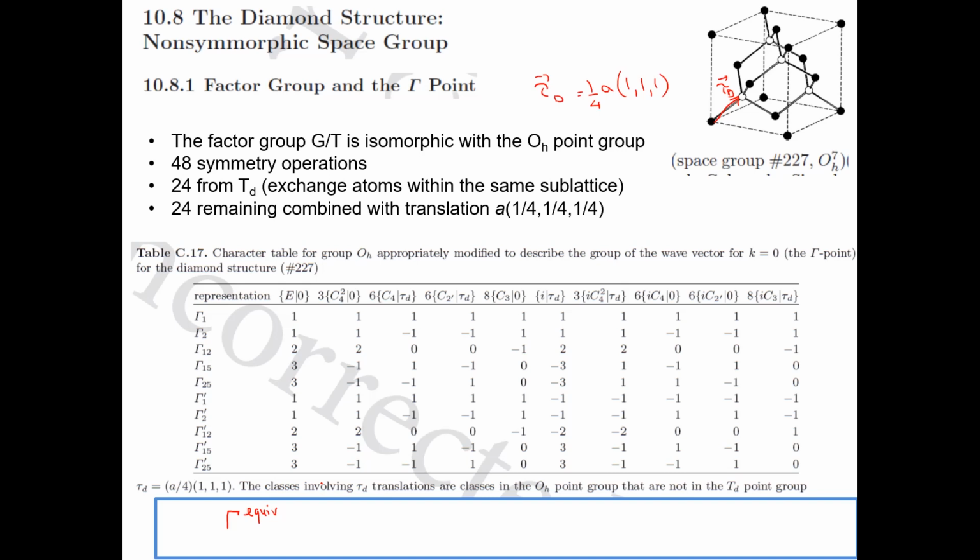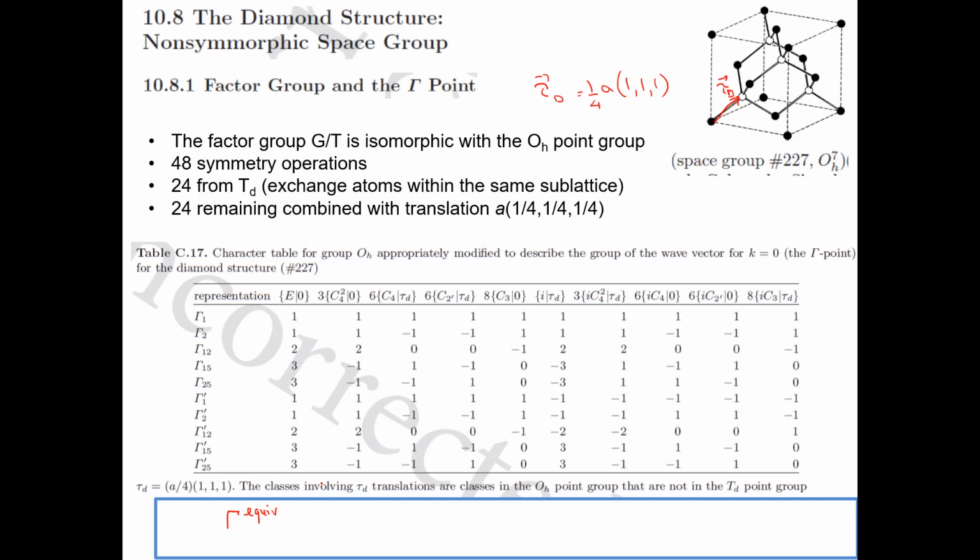They are identical, so I can have one of 2 situations. Either the atom remains in the same sublattice, and if that's the case, both atoms in the structure will remain in the same sublattice, so the character will be 2. Or if there is a compound operation that takes one atom from one sublattice to the other, then both atoms interchange. Okay, there's an exchange between the 2 sublattices, and in this case the character is 0.